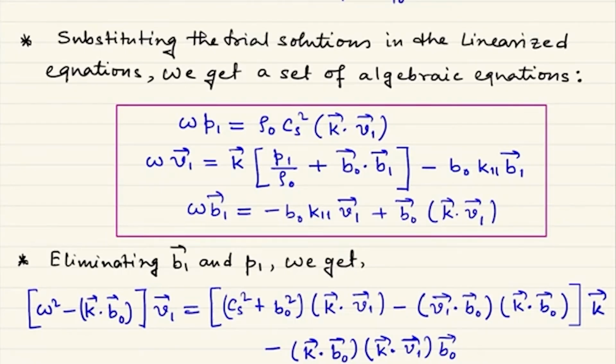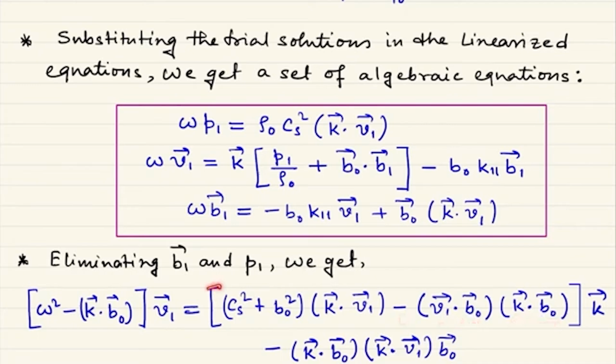So if we eliminate at the first step B1 and P1, we simply get omega square minus k dot B0 times v1 is equal to c_s square plus B0 square times k dot v1 minus v1 dot B0 k dot B0.